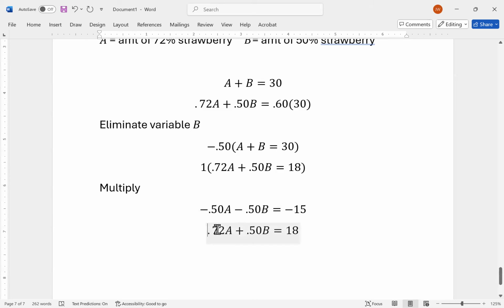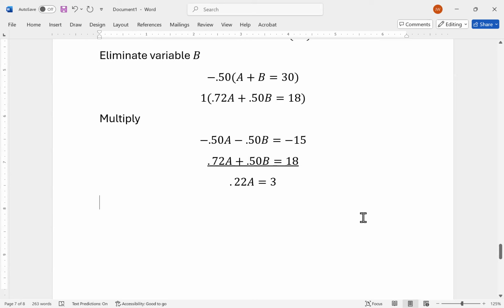Adding the two equations together gives me 0.22 times A is equal to 3. Now, if I take 3 and divide it by 0.22, I get kind of an ugly decimal, but that's all right.